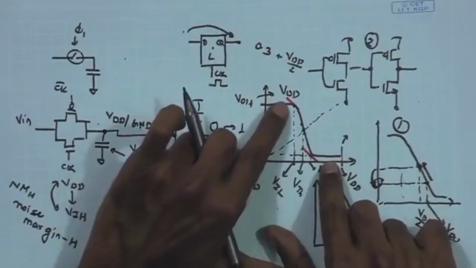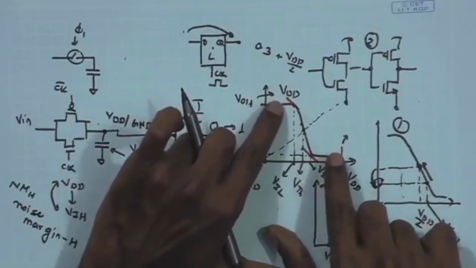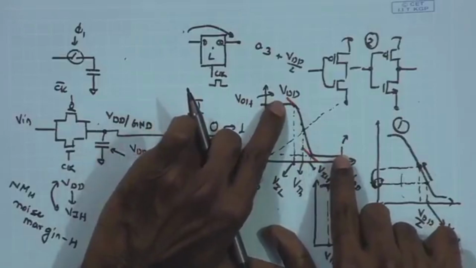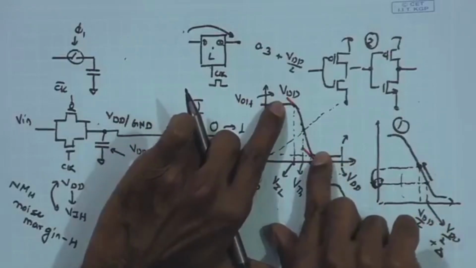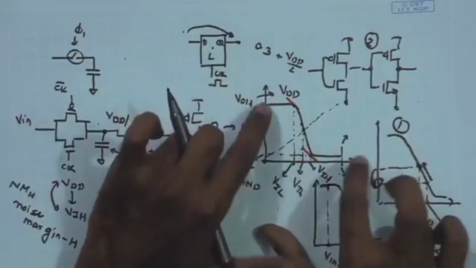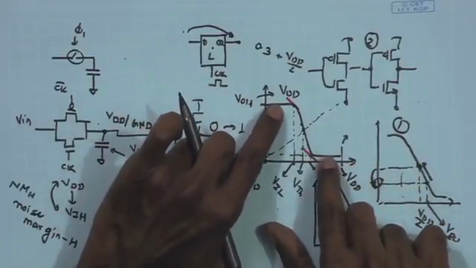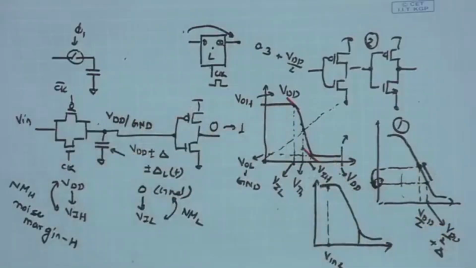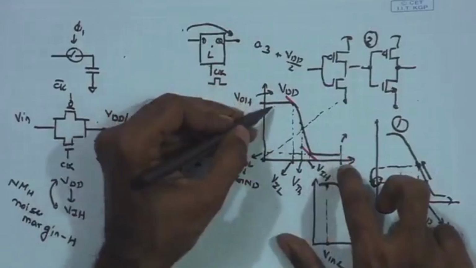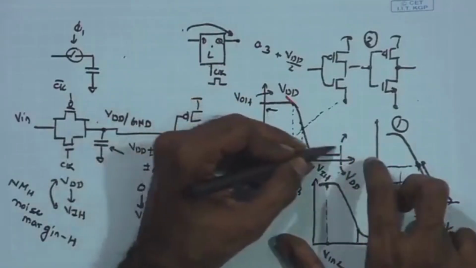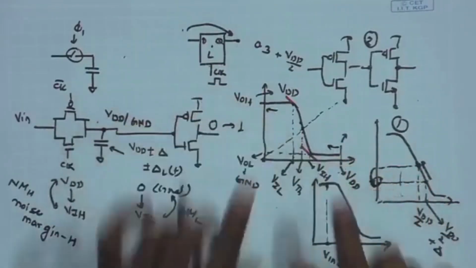So, maybe we can assume at least a couple of 100 millivolts on the upper side and a couple of 100 millivolts on the lower side. There is a sufficient tolerance till a couple of 100 millivolts on both sides.